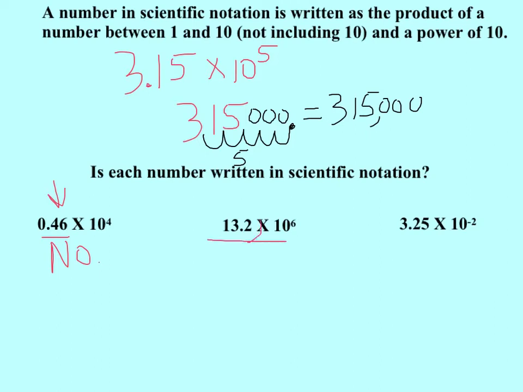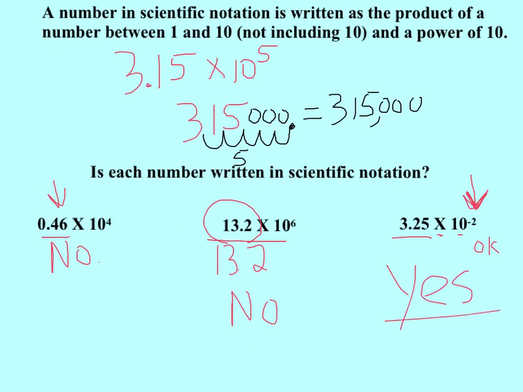Well, right away I see that this is 13.2, so this is another no. It has to be between 1 and 10. Let's check our last one. 3.25, that's good. A multiplication sign, a 10, and an exponent. The exponent is negative, and you know what? That's okay. So, this one is yes. It is between 1 and 10, and we have all the other components. So this is in scientific notation, and later on I'll show you what it equals.